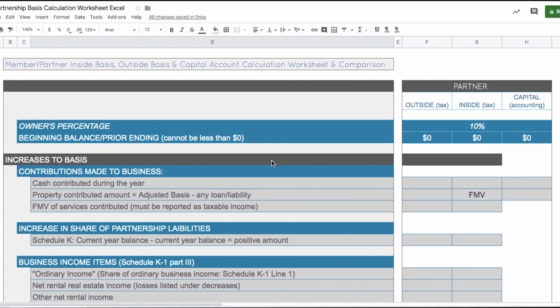That's where a lot of the nuances of these basis calculations come in, because it prevents manipulation of taxes, essentially prevents people from avoiding taxes. So this spreadsheet is to illustrate the basis concepts of outside and inside basis and the capital account.